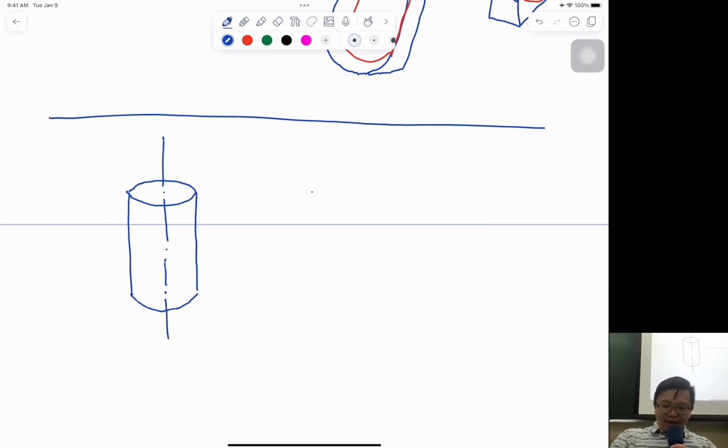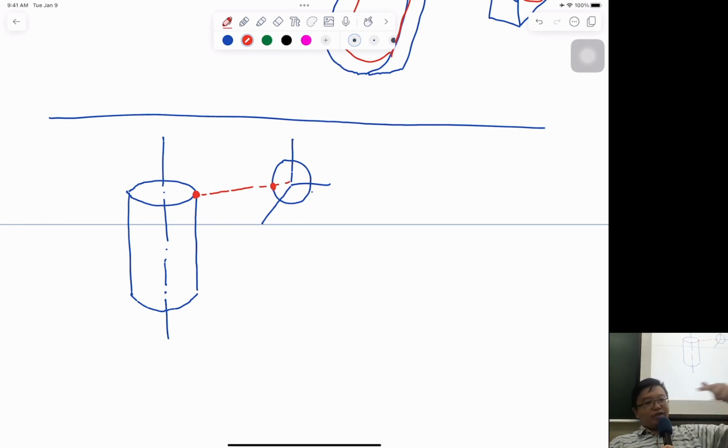Right. Okay. And I have a ball, right? So if the ball and the cylinder are in this configuration, the shortest distance probably is this corner point and some point along this straight line.